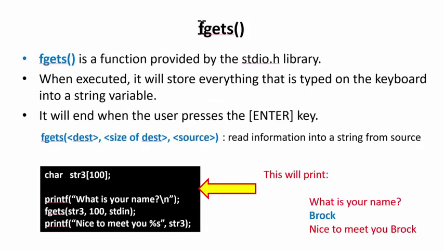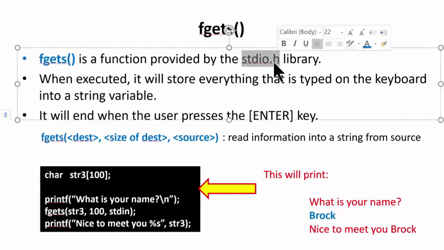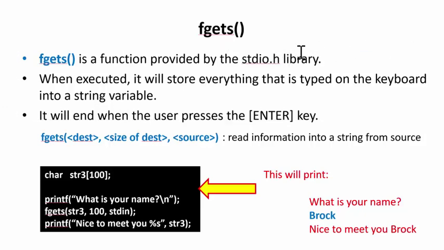There is a function called fgets, and it is in the standard io.h library. So it's in the same one as printf, so we don't have to include a library. When you execute it, it will stop the program and wait for somebody to type something until they press the enter key. When they press the enter key, the information will go into your program and it comes in as a string.